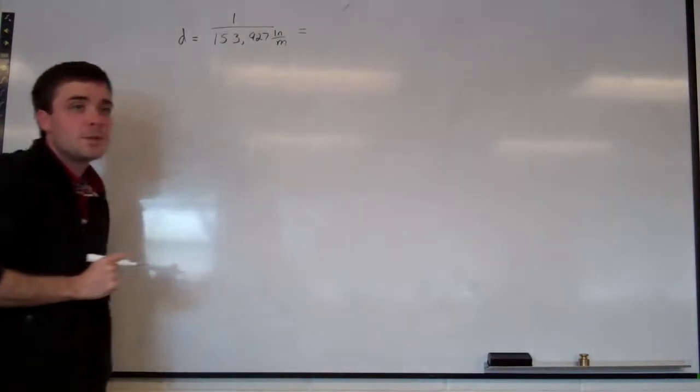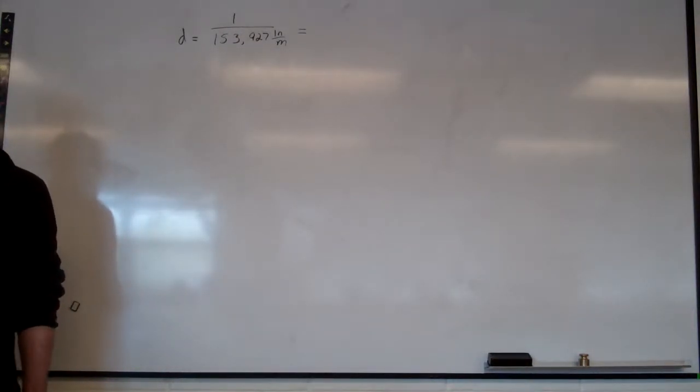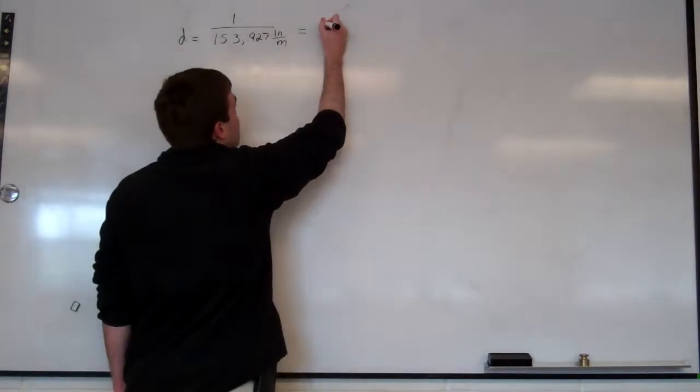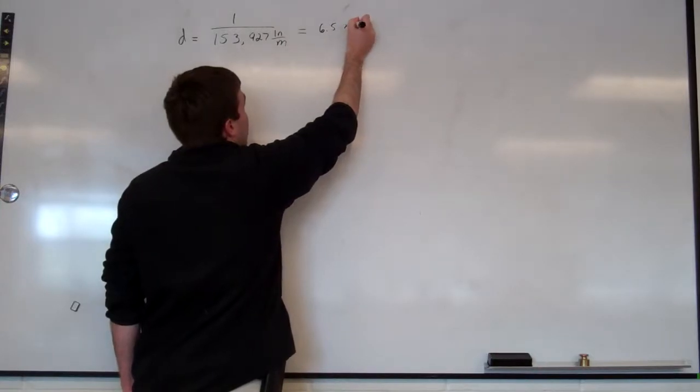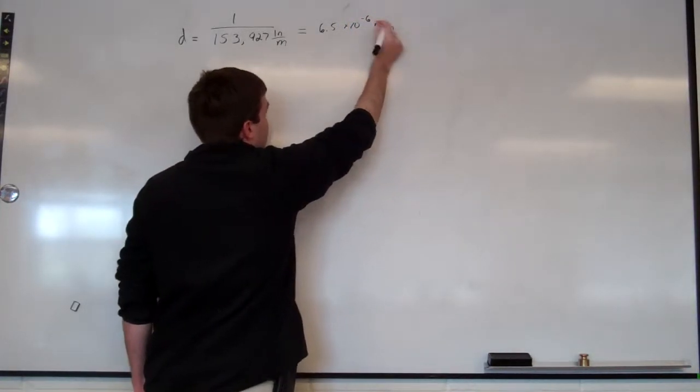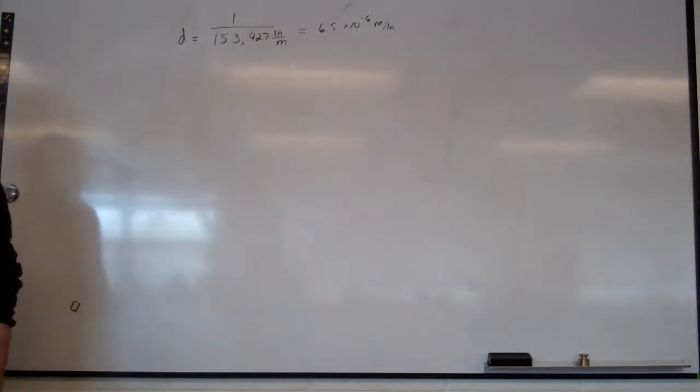What does that equal for the space between two of them? 6.5 times 10 to the negative 6 meters per line. We really just need the spacing, 6.5 times 10 to the negative 6.